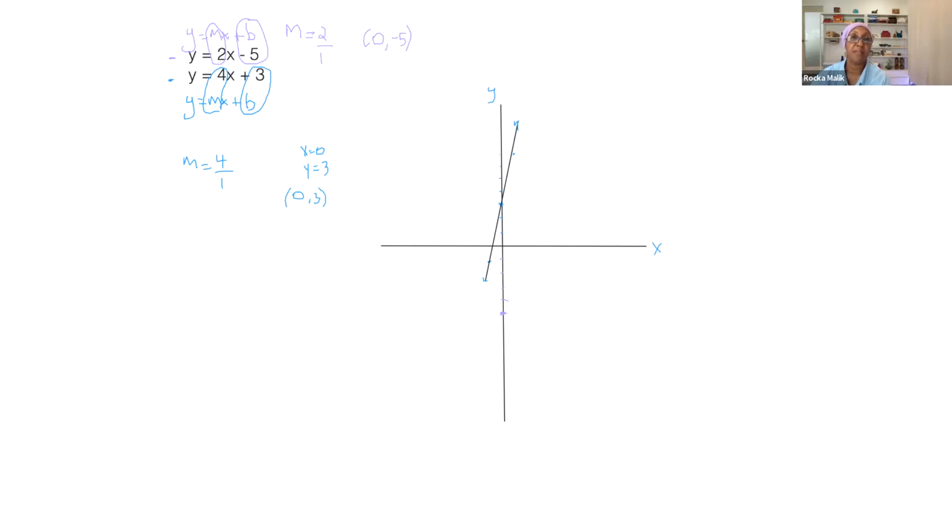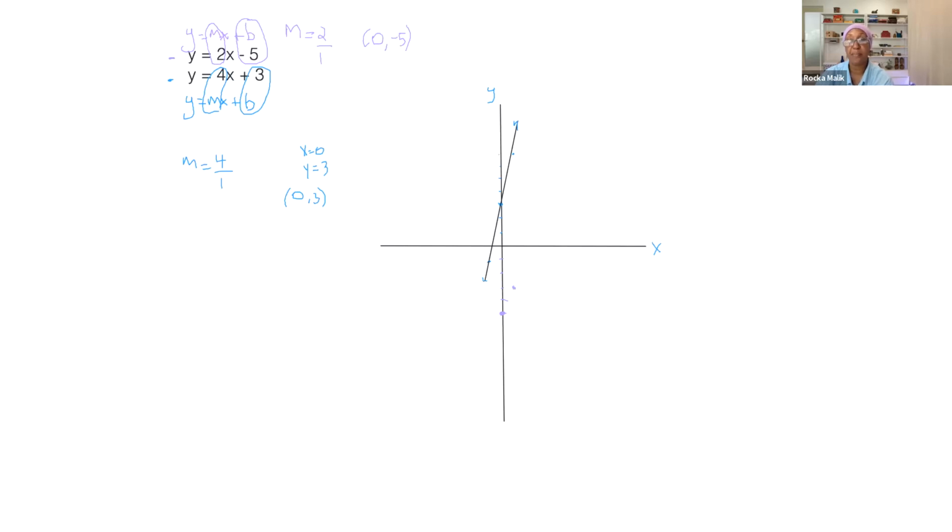Okay. And I'm still going to use the slope to tell me how to move to my next point. That's why I asked you ahead of time to know whether your line is going up. If you get a point over here and you connect it and you're going down, you'll know that can't be right, I did something wrong. So I'm here and I go up 2 and to the right 1.